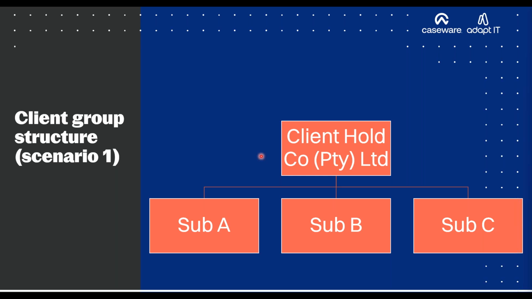But more than that, it was important to ensure that the auditor will always remember which hat they are wearing. What am I doing now? I am now in my audit file for the audit of this company, client holdco, and therefore, when I answer these questions, I'm only considering the separate company.